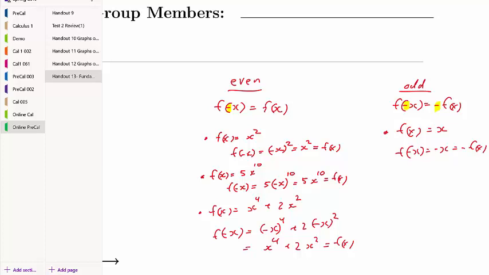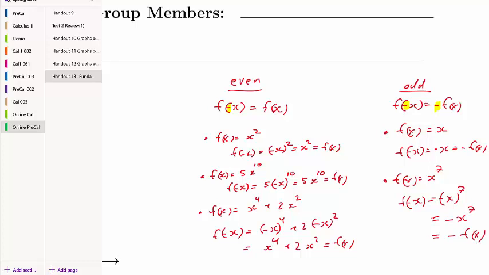And if we use, let's say, f of x equals x to the 7th, plug in f of negative x, that's negative x to the 7th, which is simply the negative of the original function.